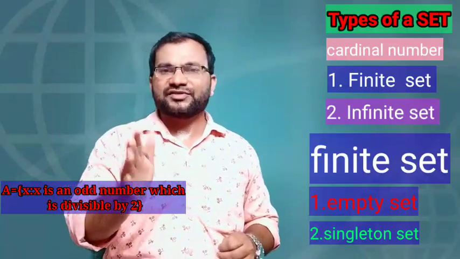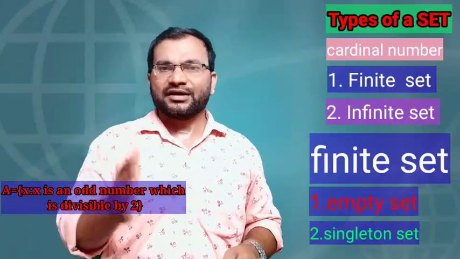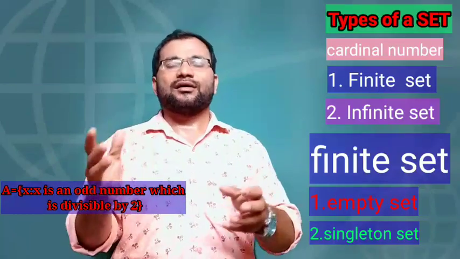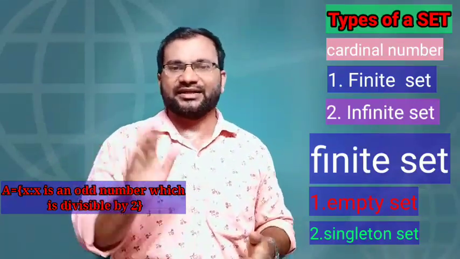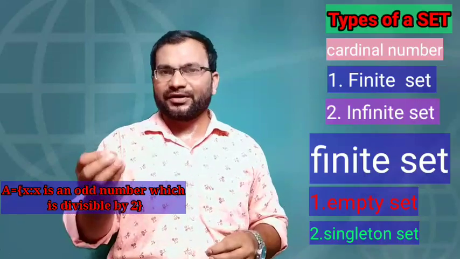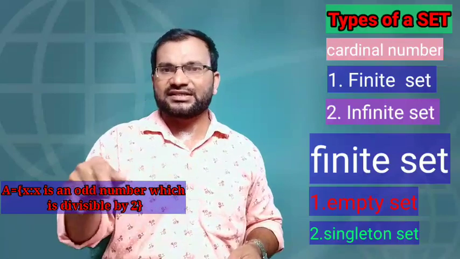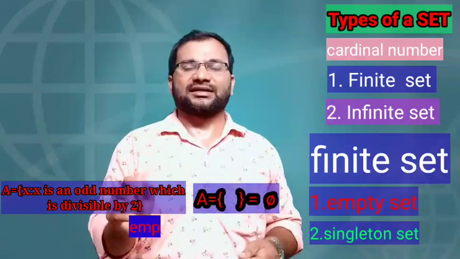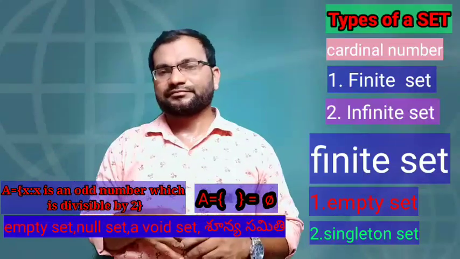All odd numbers are not divisible by 2. So here I mentioned odd numbers which are divisible by 2. So we can't collect them. That means I get an empty set. I don't get even one element in my set. So my set is empty. It is called empty set or null set or void set. It is denoted by phi.